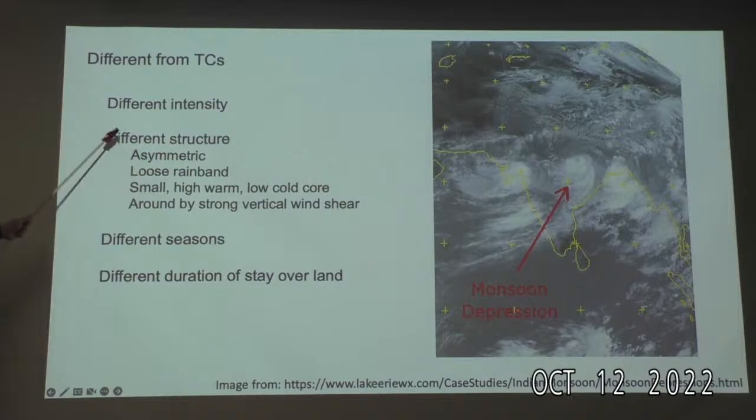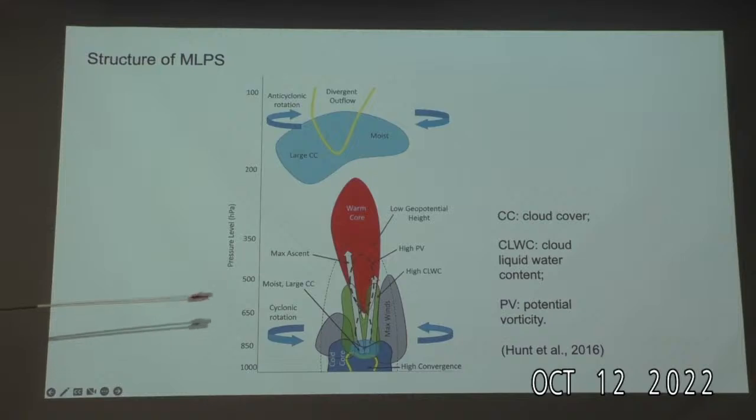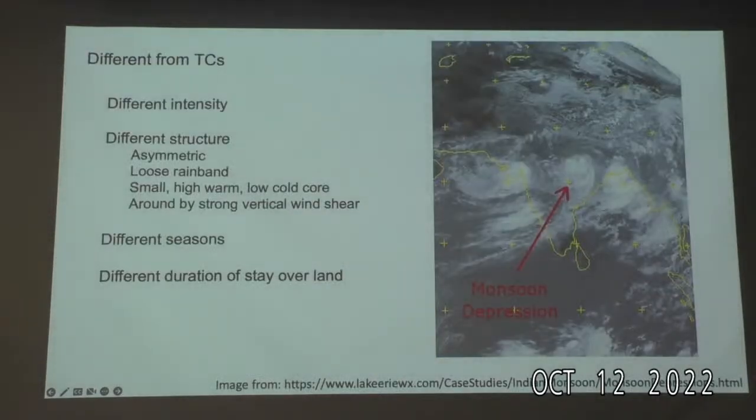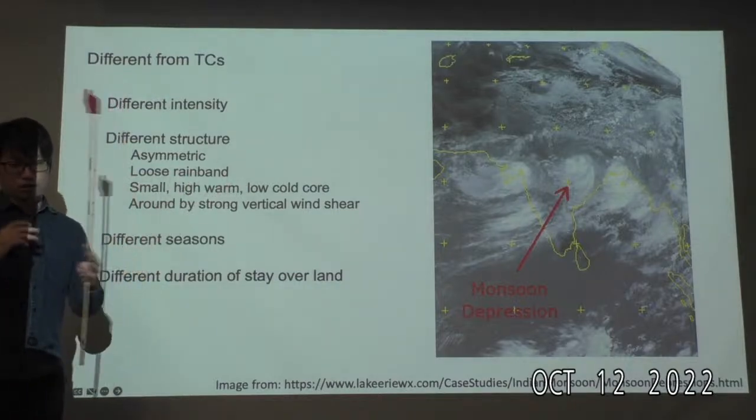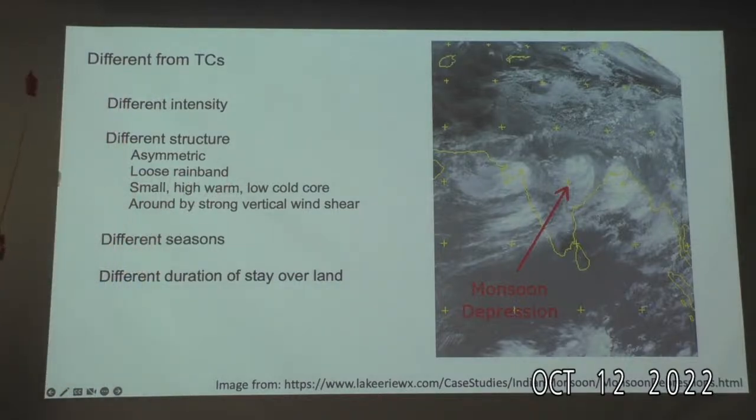As you can see, the structure of a low pressure system is often asymmetric, and the ring band is loosely connected to the core, and the core is cold on the bottom and warm on the top, which is different from the unified warm core of a TC.